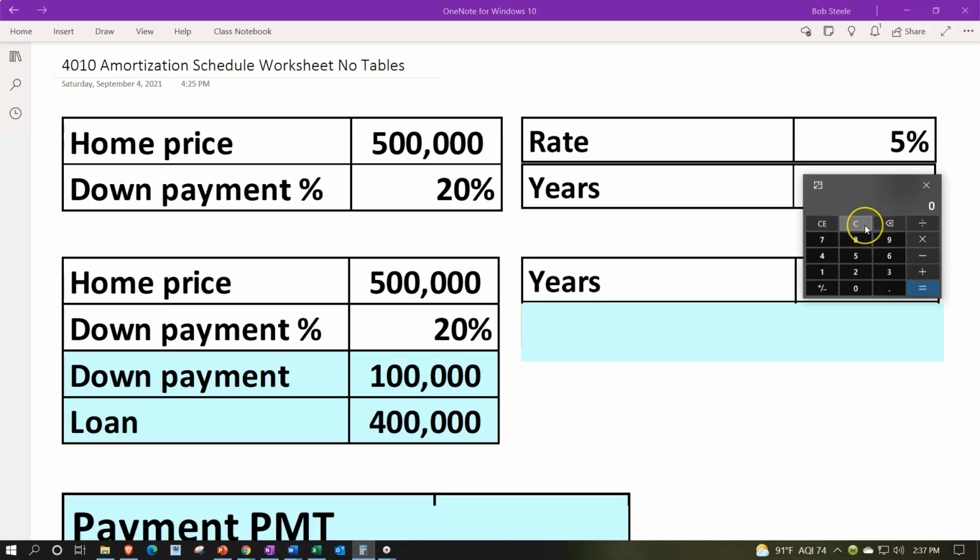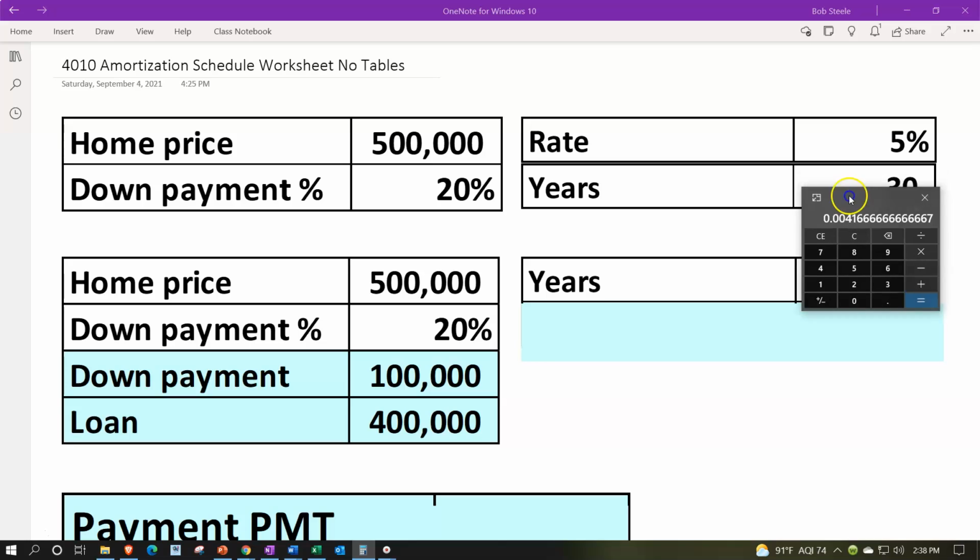One reason is that if I take this 0.05, 5% in decimal format, divided by 12, we would get the monthly rate, which in decimal format is quite small and difficult to communicate. In percentage format, it's still quite small. Moving the decimal 2 places over would be 0.41666, and it's repeating. So typically we see the rate as a yearly rate when we do the amortization schedule.